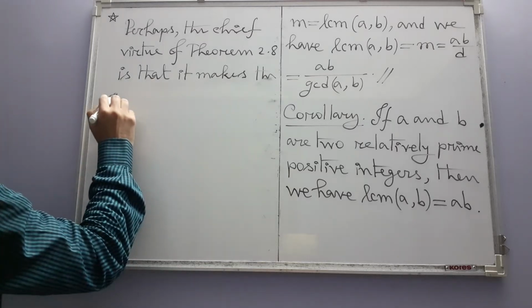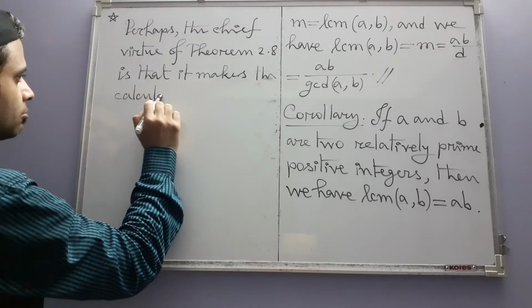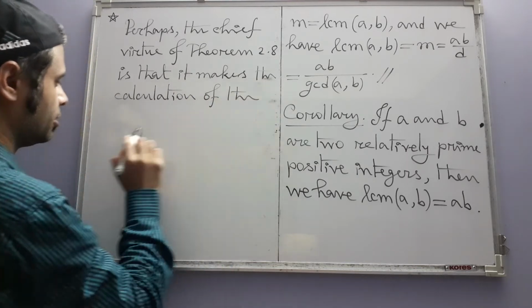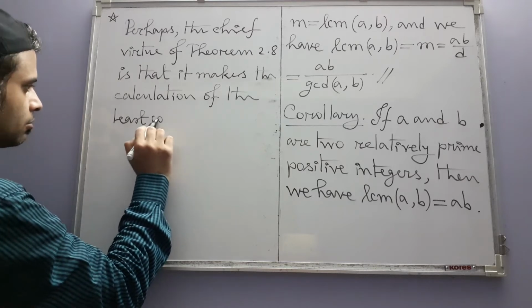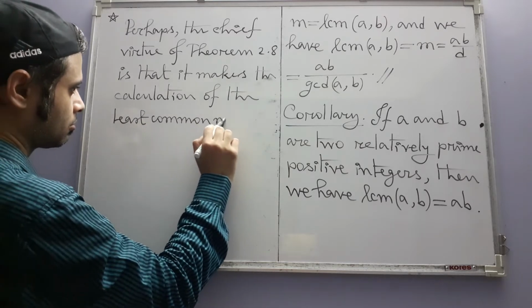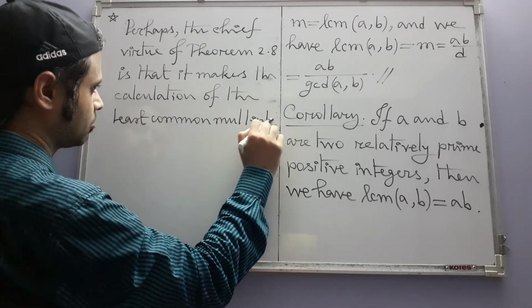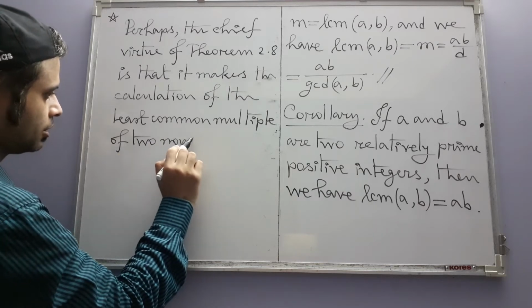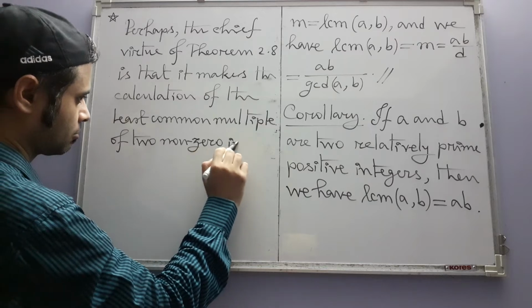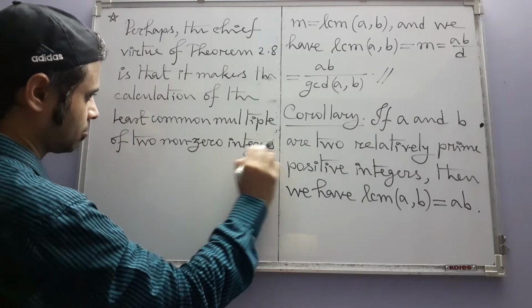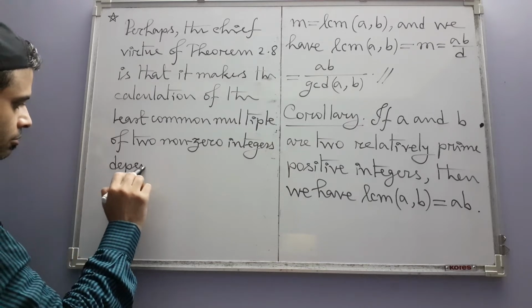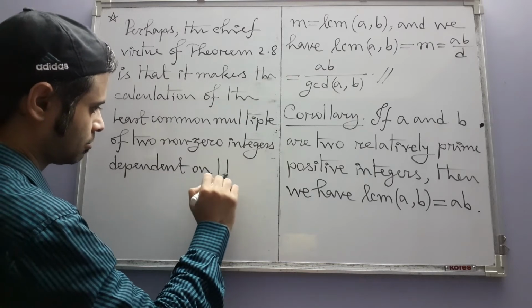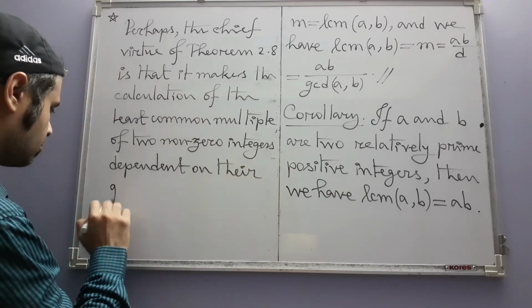It makes the calculation of the least common multiple of two non-zero integers dependent on their greatest common divisor.